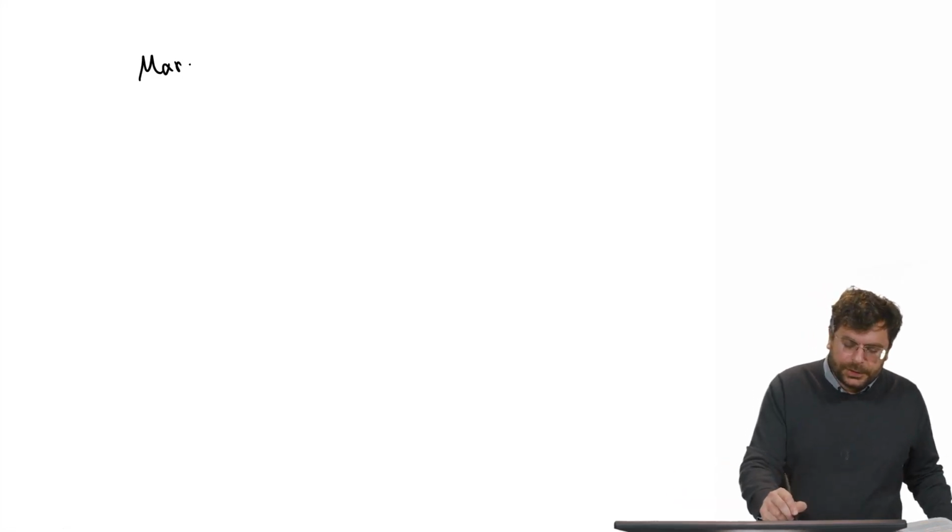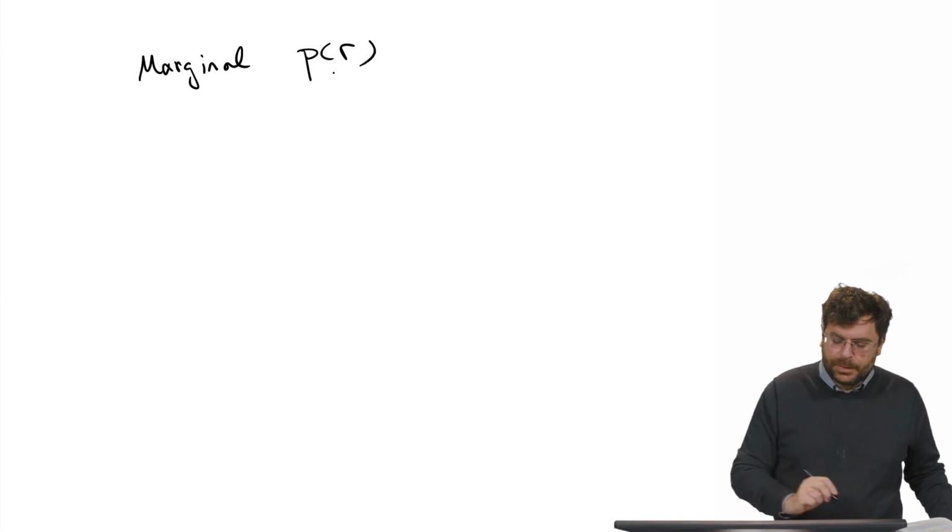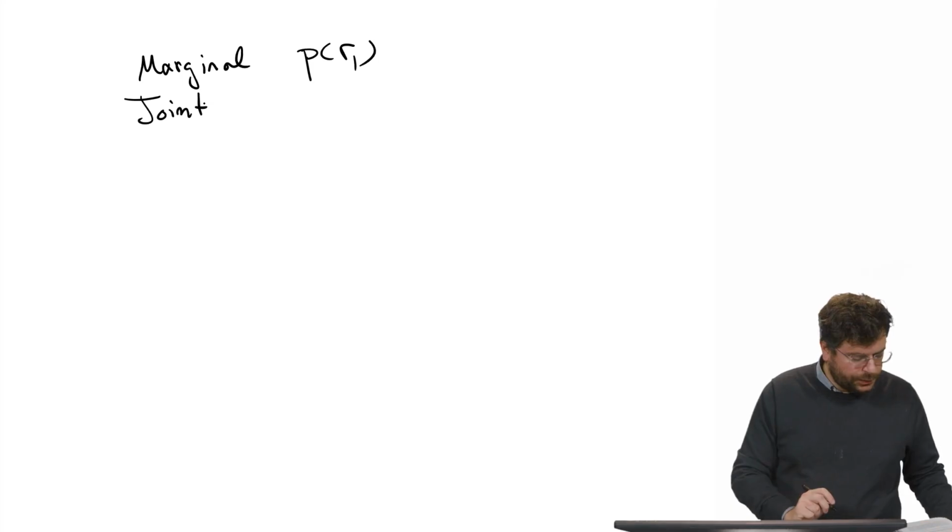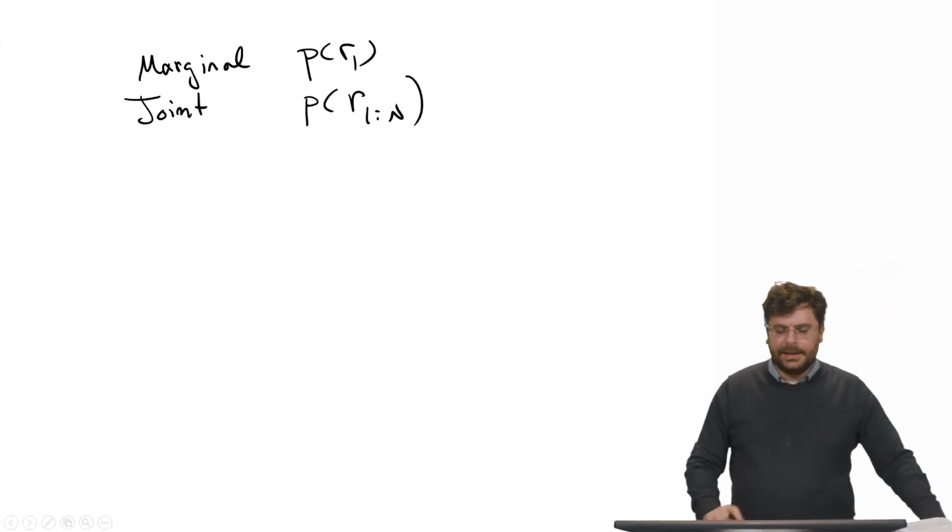So we've discussed marginal distribution functions. That was P of R1, let's say. We've discussed joint distribution functions. That's P of R1 to n.